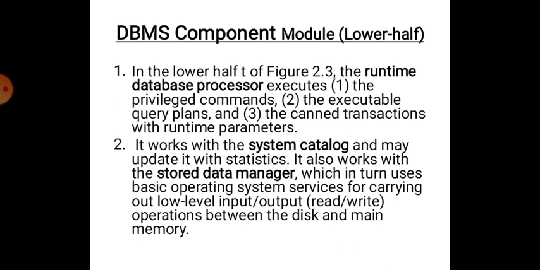It works with the system catalog and may update it with statistics. It also works with the stored data manager, which in turn uses basic operating system services for carrying out low level input output, that is read and write operations between the disk and main memory.